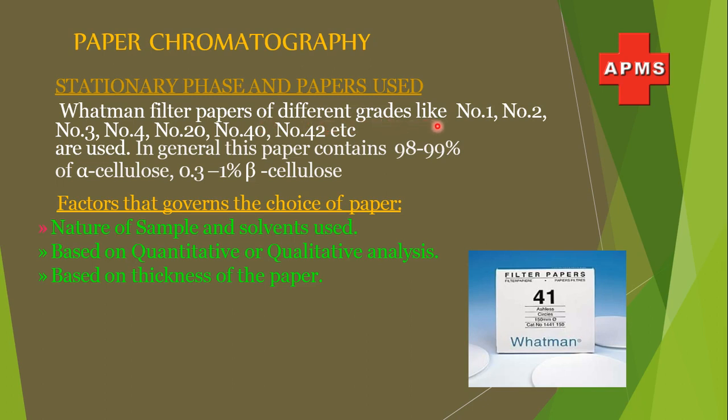These are available in the market in many grades like number 1, 2, 3, 4, number 20, 40, 42, etc. These numbers actually depend on the pore size of these Whatman filter papers. In general, these papers contain 98 to 99% alpha cellulose and 0.3 to 1% beta cellulose.